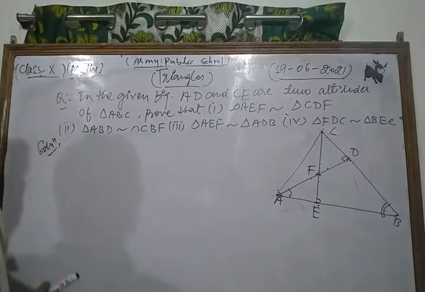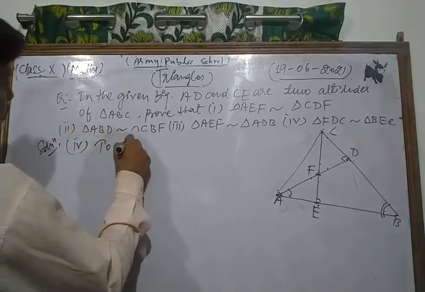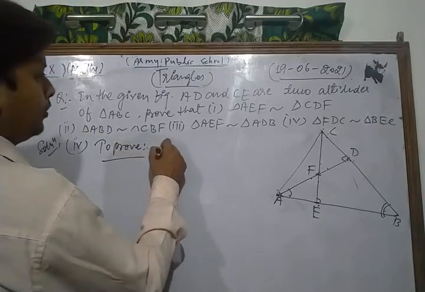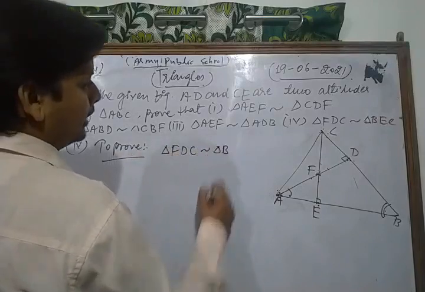Now we take and solve the fourth part of this question. We have to prove triangle FDC is similar to triangle BEC.